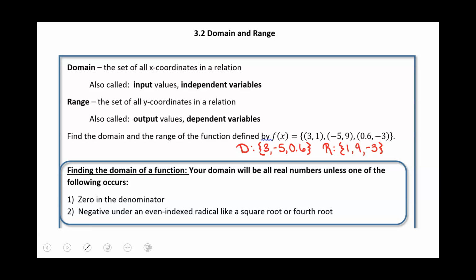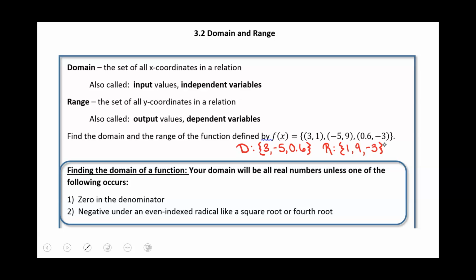Now, your domain is going to be all real numbers unless one of two things happens. Number one, you have a 0 in the denominator, because what's 0 in the denominator? It's undefined. Or number two, you have a negative under an even indexed radical. The index, remember, is what tells you if you have a square root or a cube root or a fourth root.